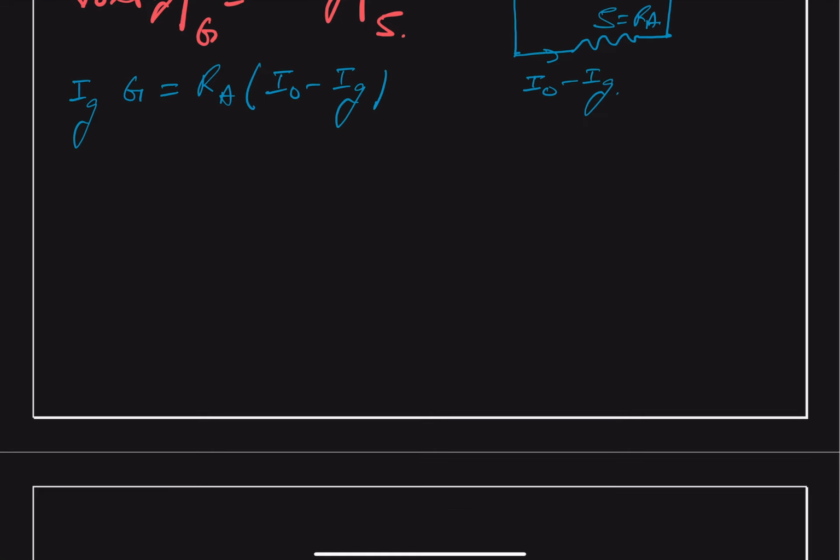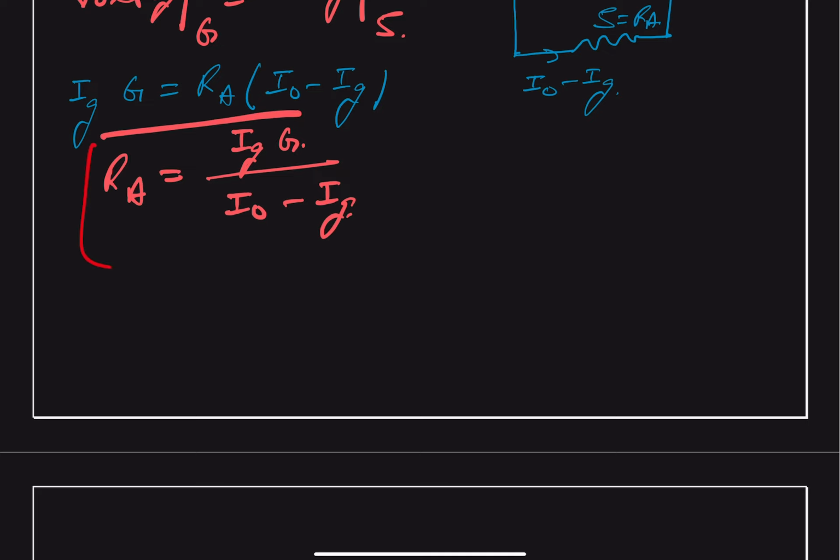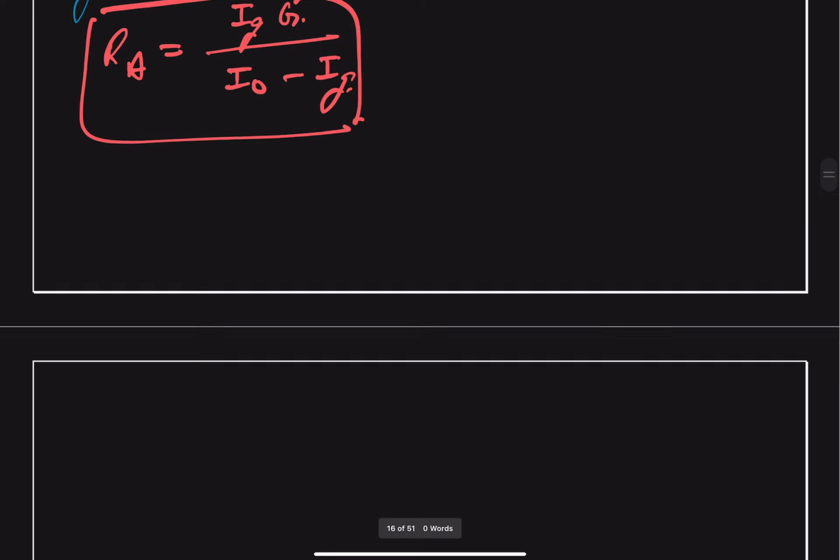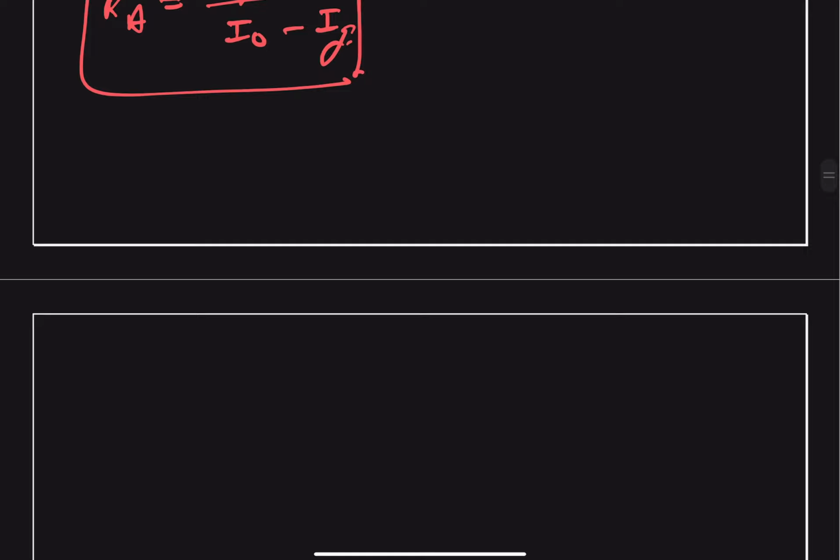Therefore, from here, Ra will be equal to Ig into G divided by I naught minus Ig. So this is our first part. And for the second part, we have to convert the galvanometer into a voltmeter.